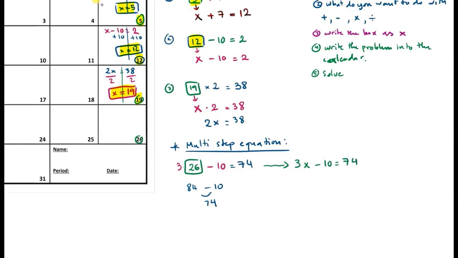And we write that in the calendar. 3x minus 10 equal to 74. Alright, so to solve for x, you're going to add 10 on both sides. That will give you 3x equal to 84. And divide by 3 on both sides. X equal to 26. Alright, that's it.